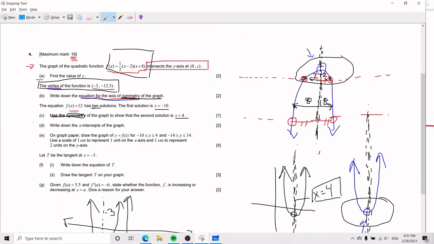For part D, we need to write down the x-intercepts of the graph, right? And so, first of all, what is even an x-intercept? An x-intercept is wherever on the graph that it touches the x-axis, okay? And when I say x-axis, this is just a really fancy way to say the horizontal line, the guy that is in blue. So wherever it touches here, for example, like this, those would be my x-intercepts, okay?